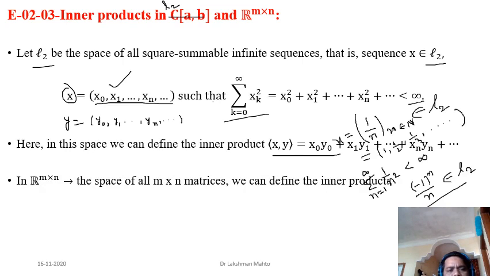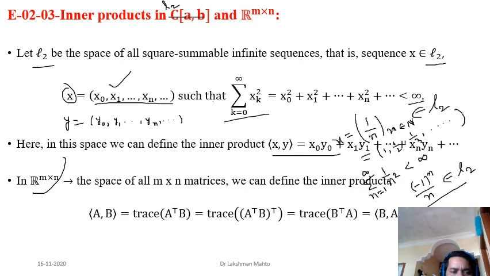If you take another space, the collection of all m by n matrices, then again it is also an inner product space. Then the question would be, what is the inner product here in R m by n? Here it is a collection of m by n matrices.